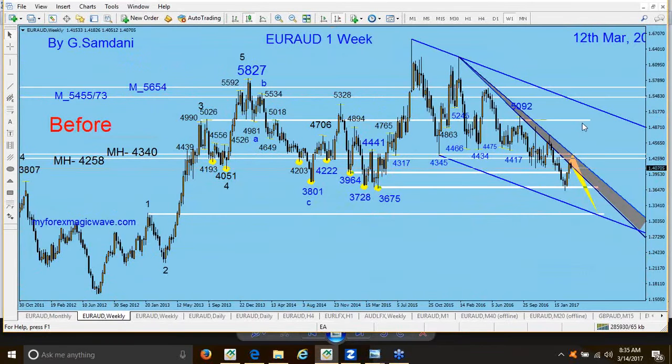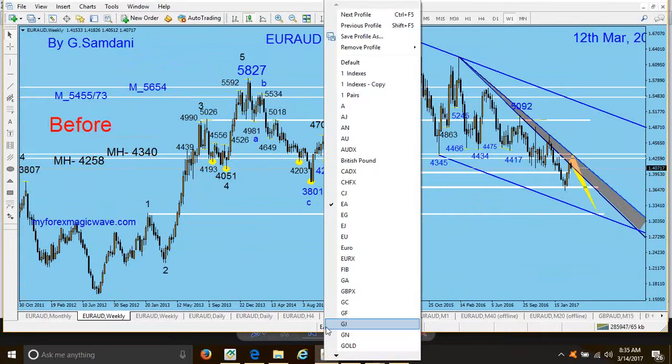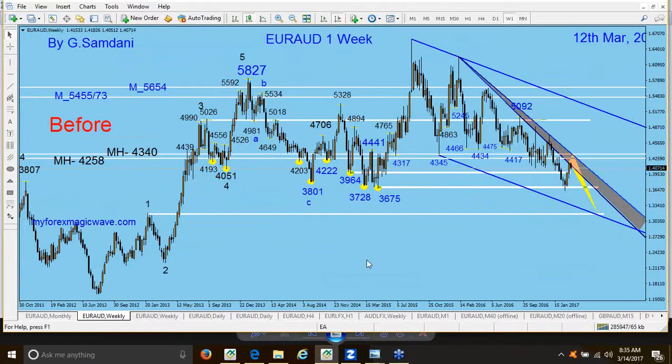You will have it on your computer because I send you the template already, and when you apply the template, you will have the chart with all these lines, these numbers, and everything. Similarly, if I start discussing pound Aussie, I'll open these charts in my webinar to explain, and you're going to have the same charts with the same numbers, same lines, because I made the template and I gave it to you already.